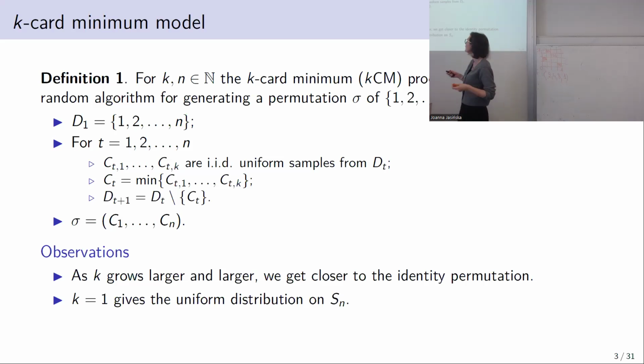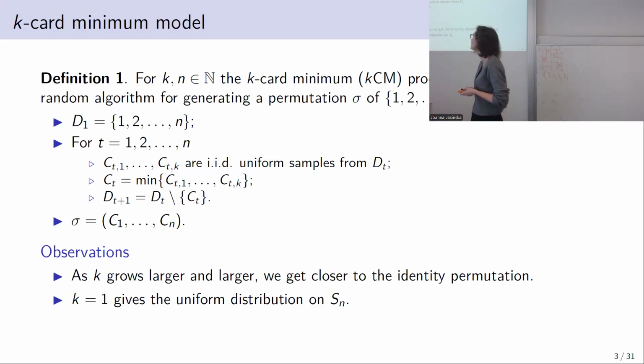Those C_t^1 up to C_t^K are the IID uniform samples from the deck at time t. Then I pick my t-th card as the minimum of those K numbers, and I get the new transformed deck of cards by just removing my minimum. If I just repeat this procedure, I'm getting a permutation of n numbers.